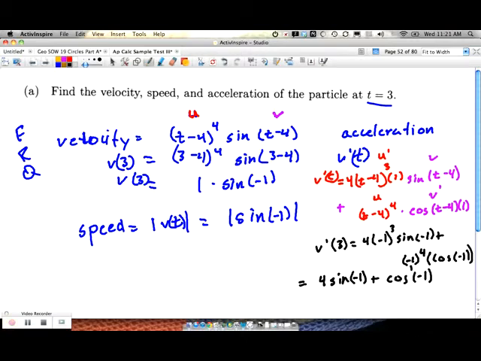Interesting fact here, because sine is odd and cosine is even, this might be written as negative 4 sine of 1, and this might be just cosine of 1. It would be equal to this as well. That's because of the odd and even relationship of the graphs.